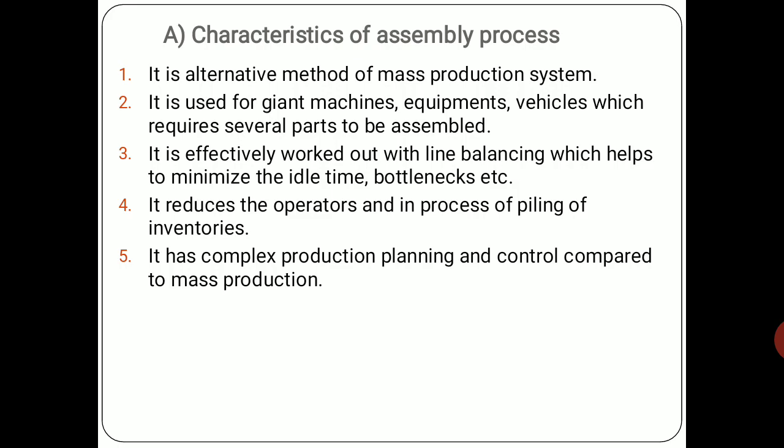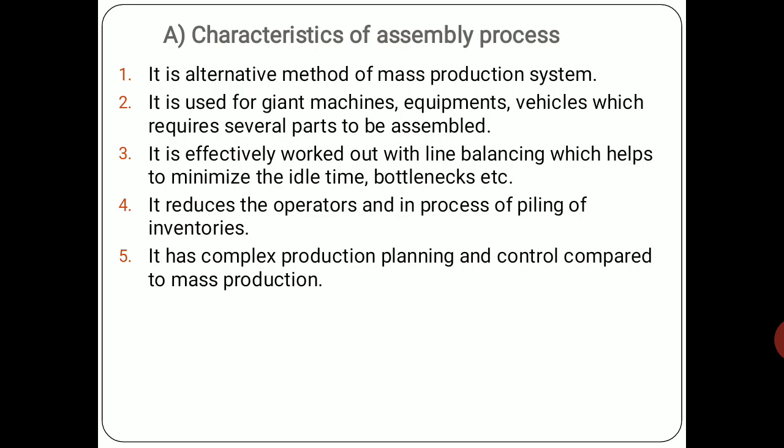Then A would be the characteristics of the process, B would be the benefits of the process, and C would be the disadvantages of using this process. So in all, we get the overall idea about the process and how the manufacturer takes decisions related to process can be very well known. That is why here we are learning the characteristics.